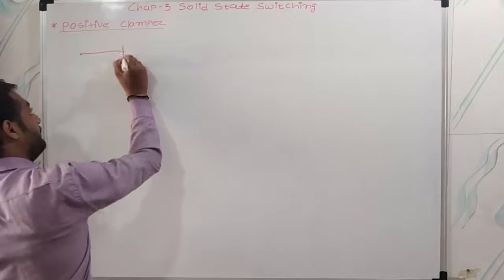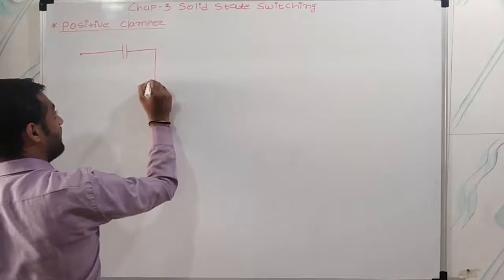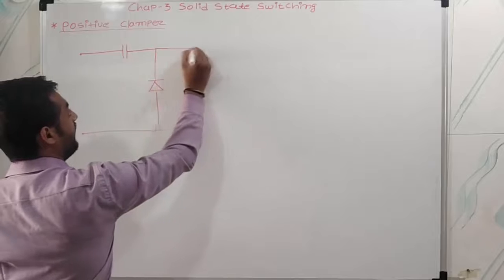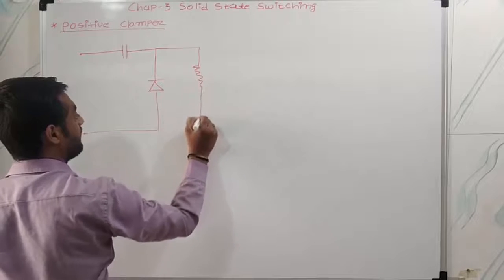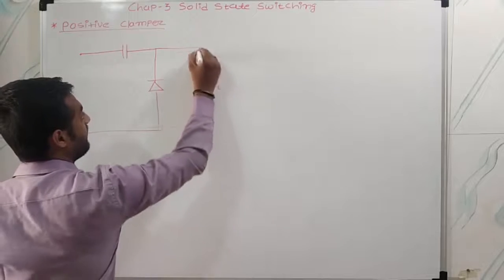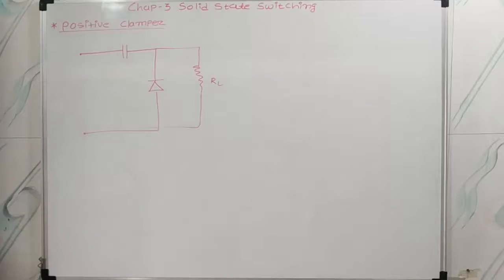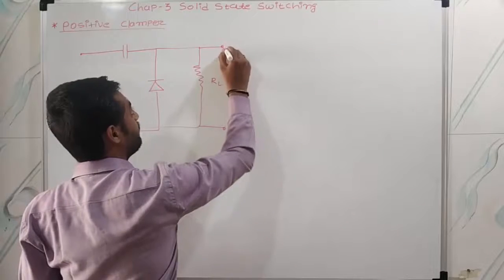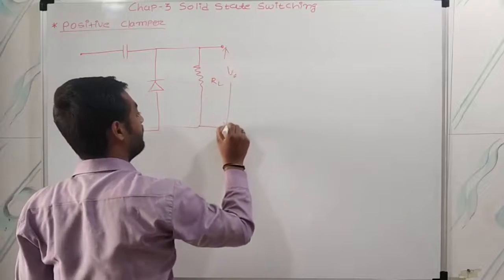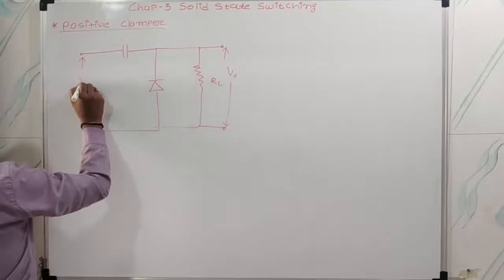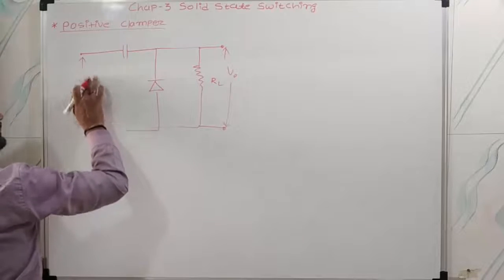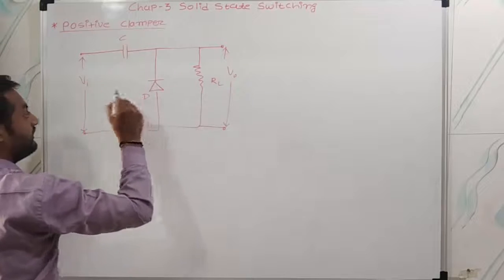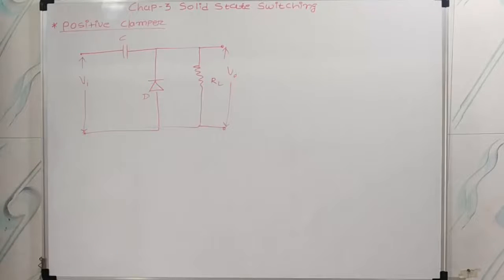In the positive clamper circuit there is a capacitor, here there is a diode, and here there will be a resistor R. Across the resistor you are going to get the output voltage V0. Here this is Vin.